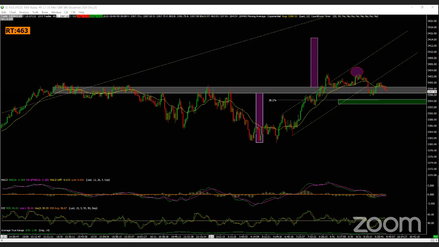That would be a more reliable pattern with a trap, right? And with that trap, we get the fuel we need to skyrocket our trade. There you go. Double bottom right there.